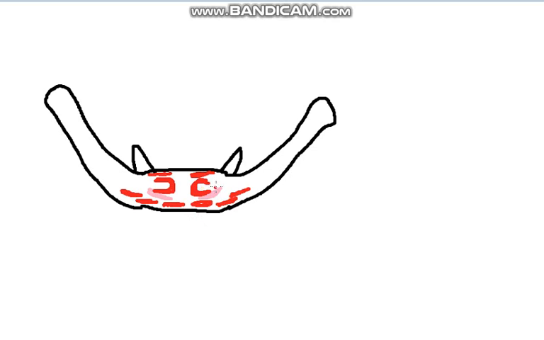And now from the body we are trying to go into the greater cornu. If you go from the body to the greater cornu, you have two important muscles. One is the middle constrictor muscle on the inner side, and one is the hyoglossus muscle on the outer side. Let us first try to draw the hyoglossus muscle. So you have the hyoglossus muscle like this. This is the hyoglossus.